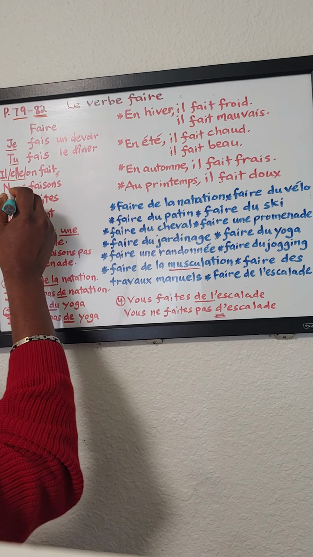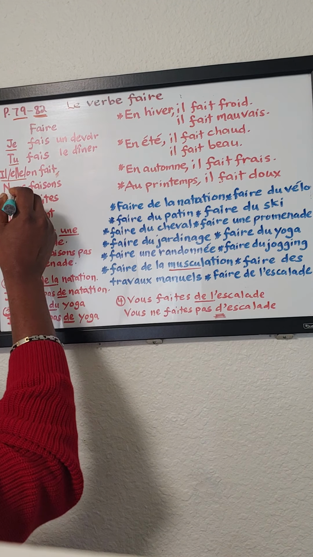But the verb faire can also be used in certain situations to mean something different than to make or to do. So you have to learn those expressions in which the verb faire is used differently.